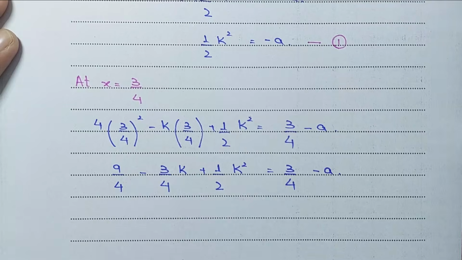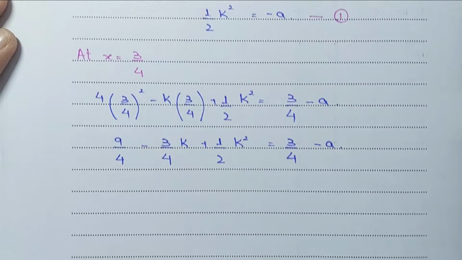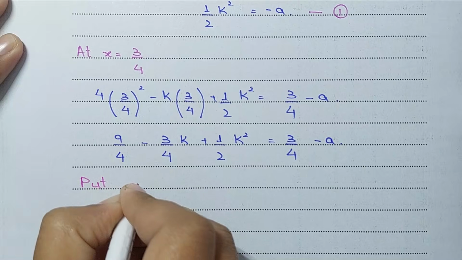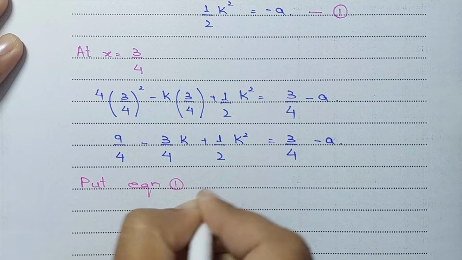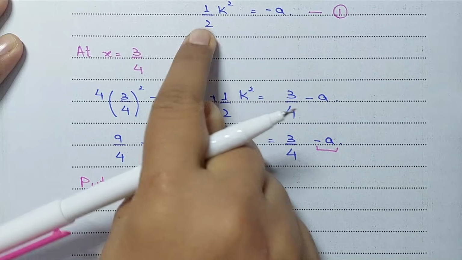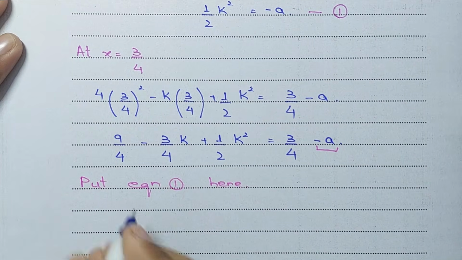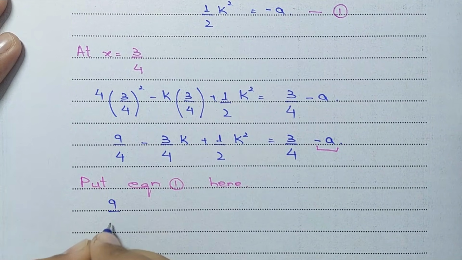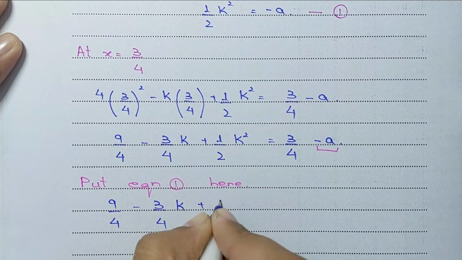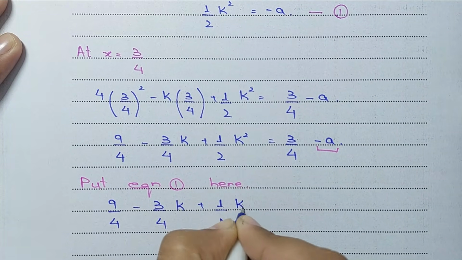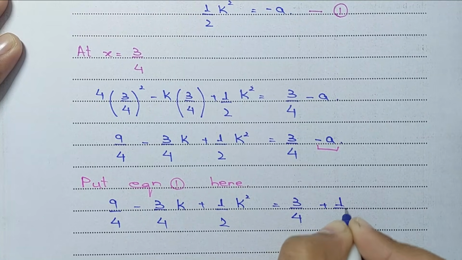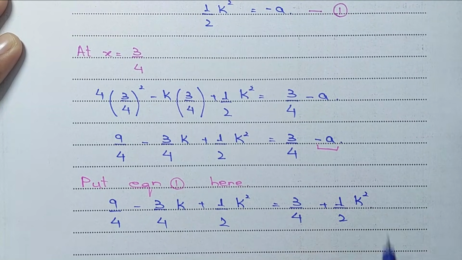As you know, from equation 1 we have the value of negative a. So put equation 1 here. Just plug the value of negative a, which is half k square. So here we have 9 over 4 minus 3 by 4 k plus 1 by 2 k square equals 3 by 4 plus half k square.